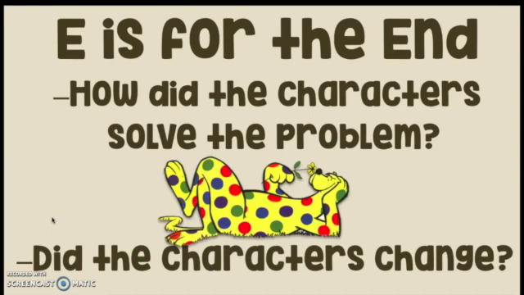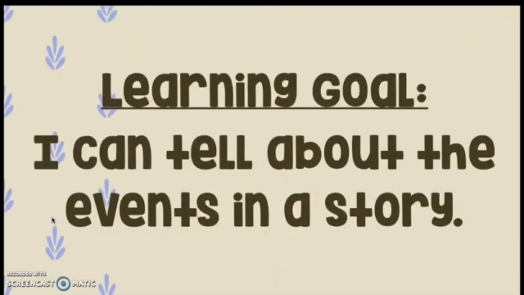The middle of the story, he shows off all the different tricks he can do so that he can be a part of the zoo. And in the end, friends, he finally becomes a part of the zoo. So did he solve his problem of wanting to be in the zoo? He sure did. So in the end, we usually think about how did they solve their problems, because it's important to know how that problem was solved.